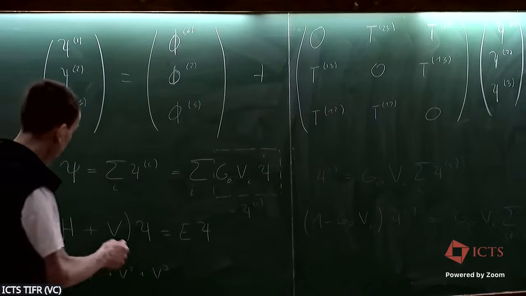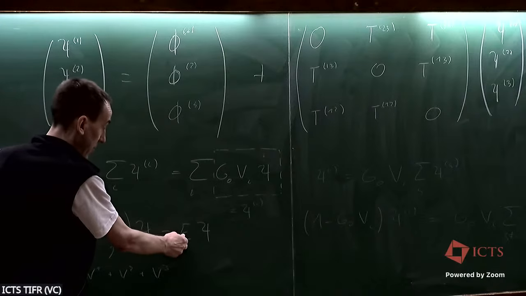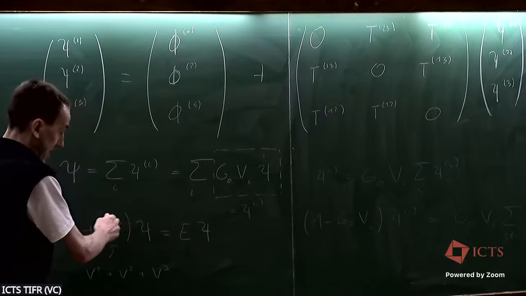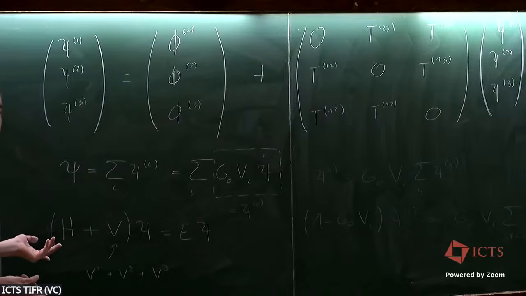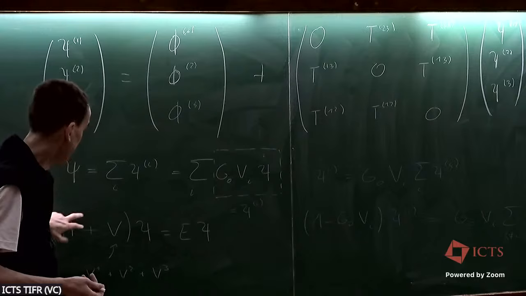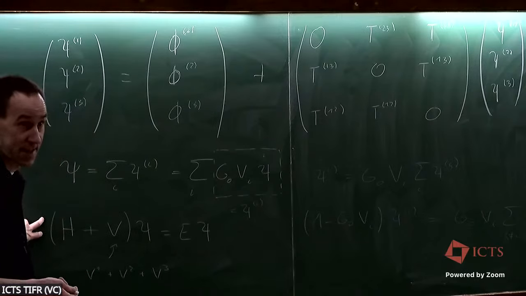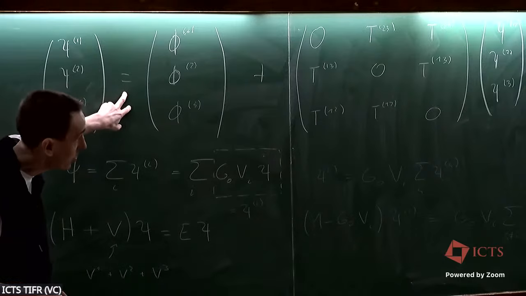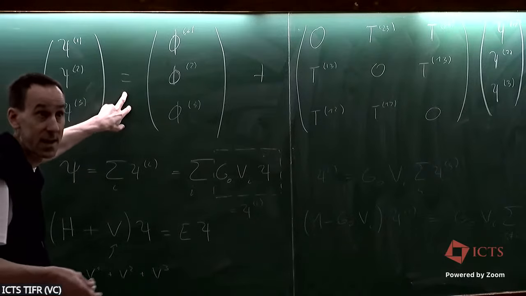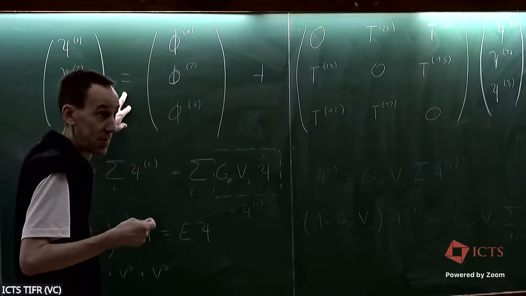If I just look at the Schrödinger equation, solutions to that might be scattering or bound state solutions, which I cannot tell by just writing down the Schrödinger equation. From the Lippmann-Schwinger equation, I can immediately tell what kind of state I'm looking at.